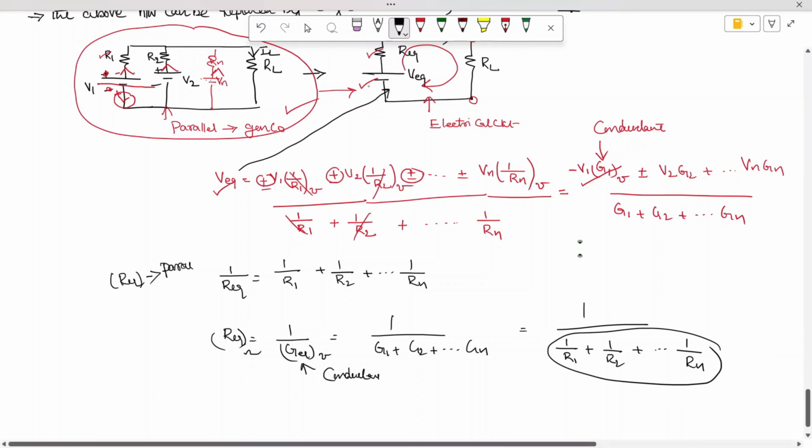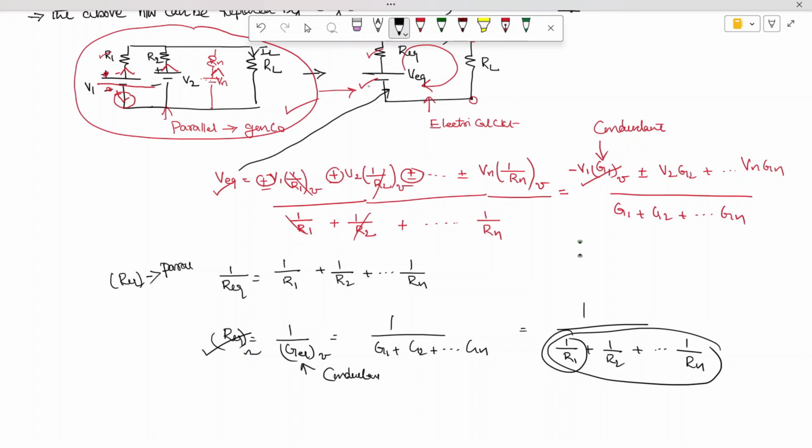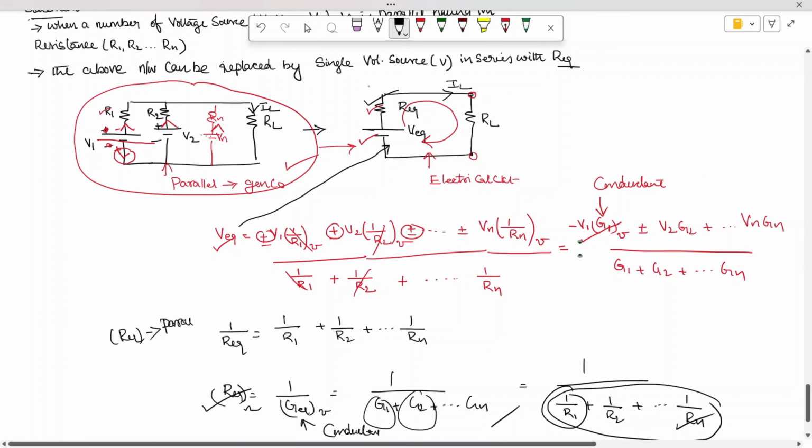So this would be the formula to find R equivalent. This 1 by R1 we can write as G1 as a conductance, 1 by R2 as G2 and 1 by Rn as Gn. Then we obtain the second part which is nothing but R equivalent.